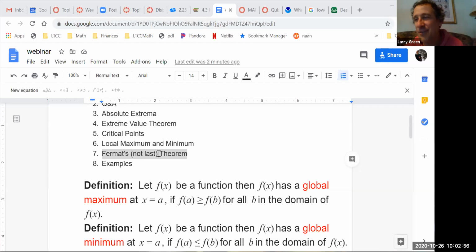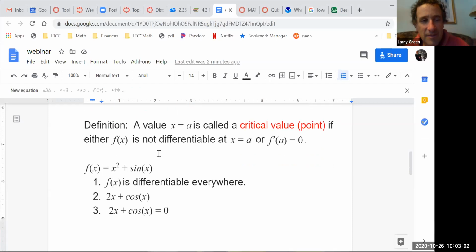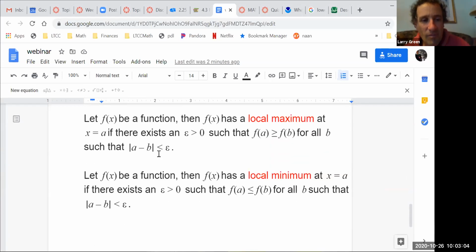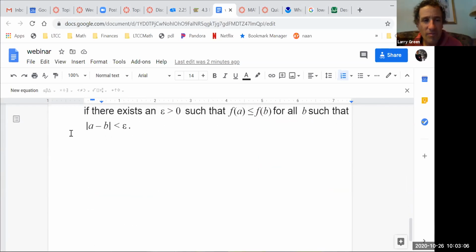This was one of his first theorems. So let me give you Fermat's theorem, but not the last theorem. I'm going to write not last. He didn't call it not last because he didn't know. Theorem.